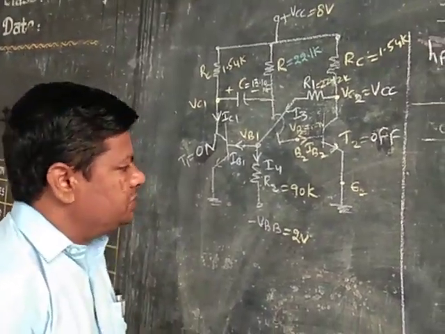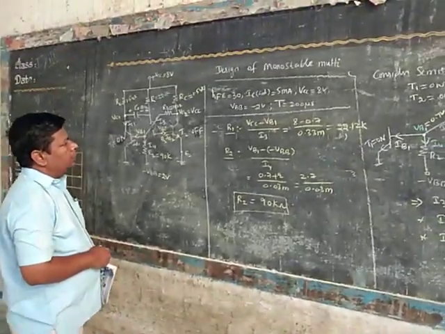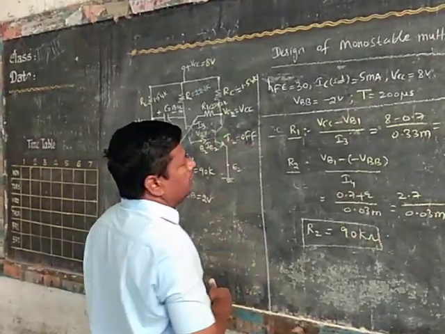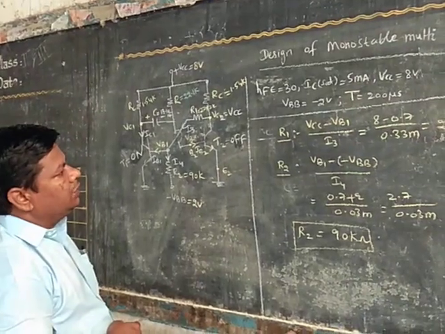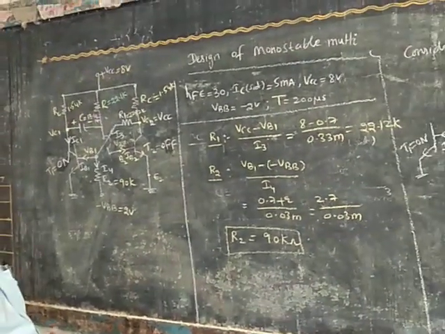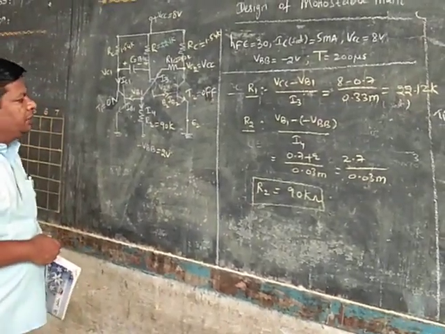Once again, here the procedure is: note down clearly the specifications, the HFE value, the total delay time 200 microseconds, the power supplies and the IC saturation current.